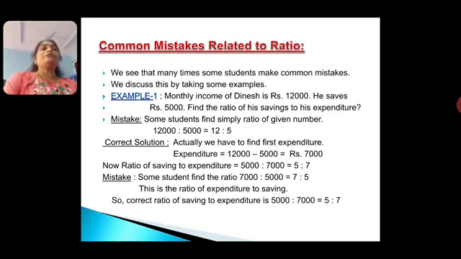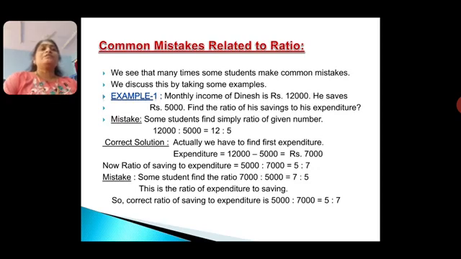Actually we have to find the expenditure first. So expenditure equals monthly income minus saving. That means 12,000 minus 5,000 equals rupees 7,000. Now the ratio of saving to expenditure is 5,000 ratio 7,000, which gives 5:7.